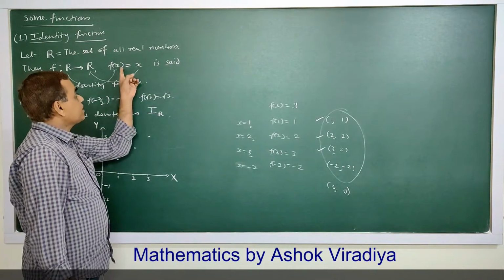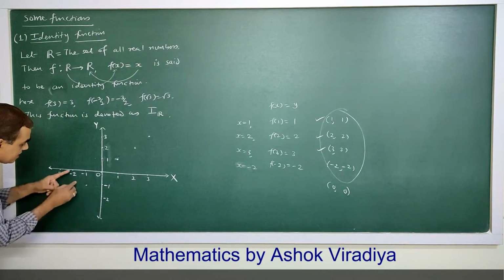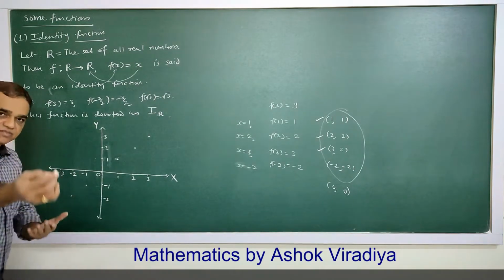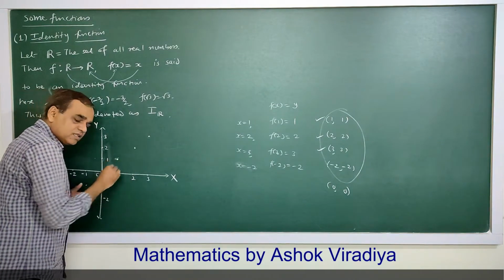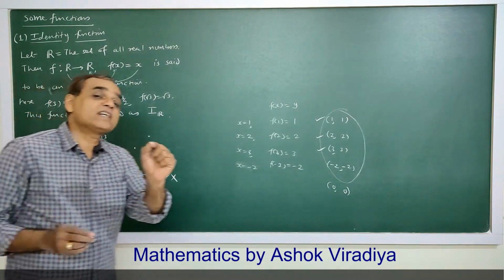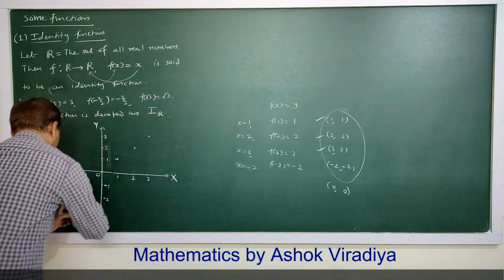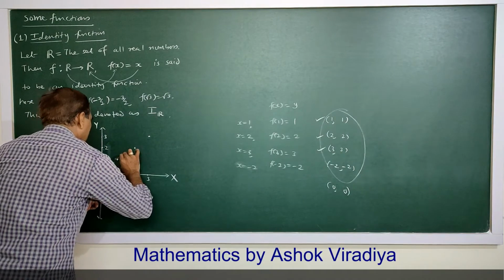Minus 1, the image of minus 1 is minus 1. The image of minus 2 is minus 2. The image of x is itself. So we are getting points whose x and y coordinates are the same, and these points are in the first and third quadrants.